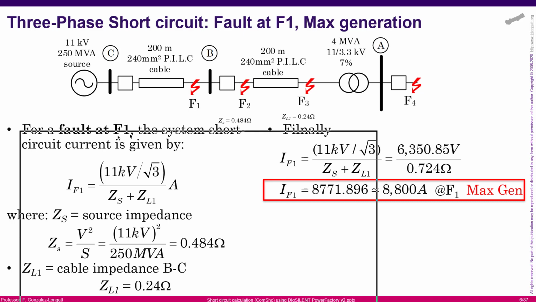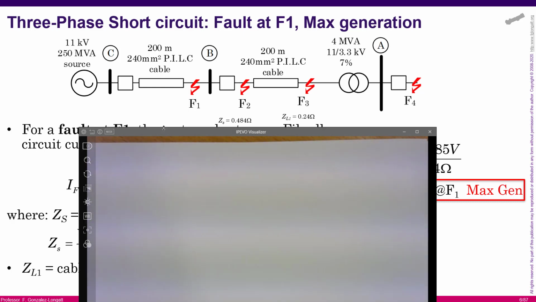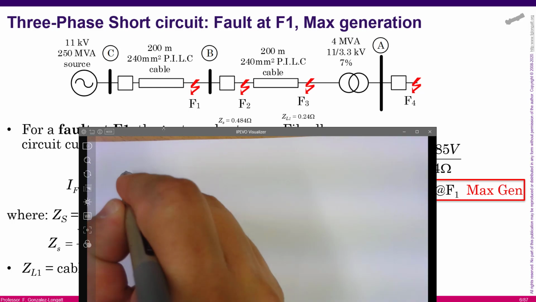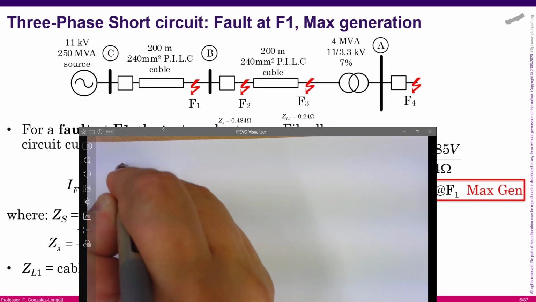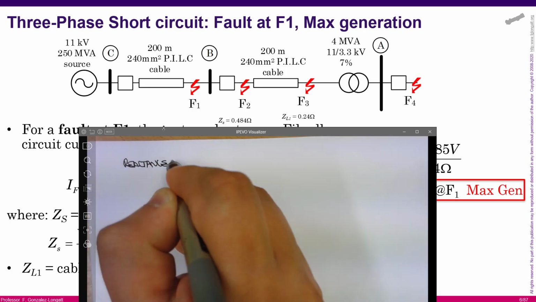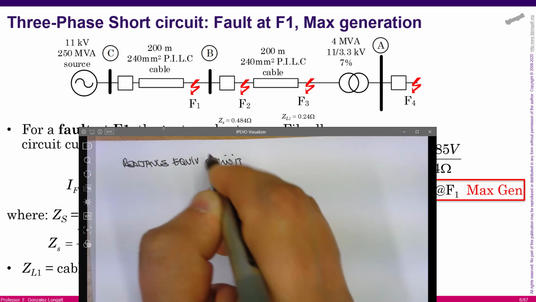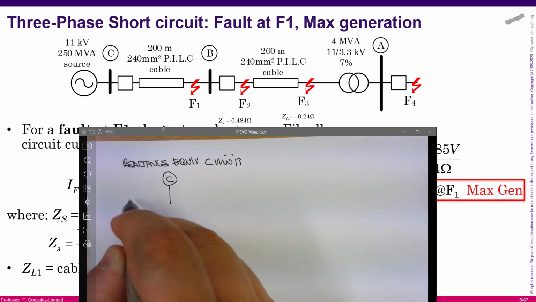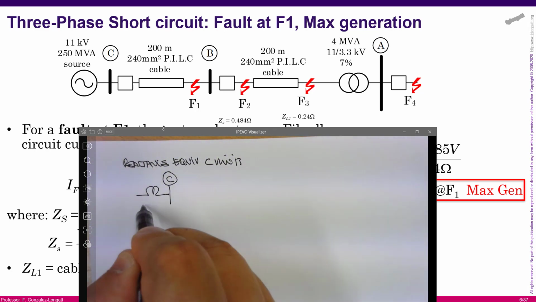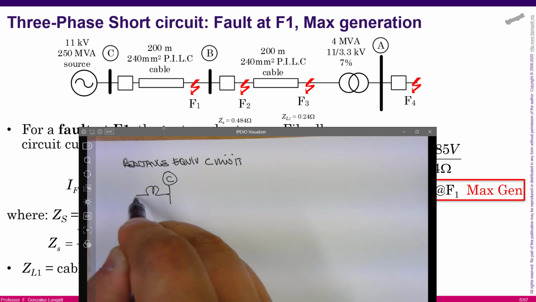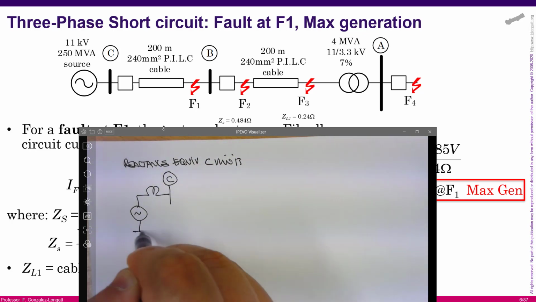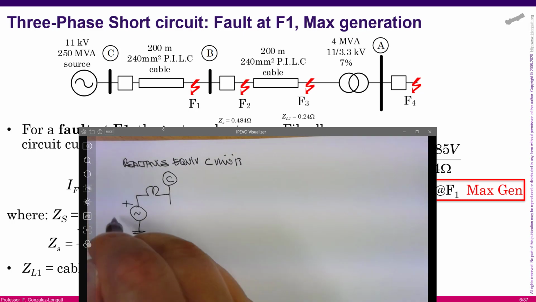If you look over here, you can see that we have on the top the single line diagram. If you are interested in creating the equivalent reactance circuit, you must remember this is the bus bar C, and because you are using here an equivalent source, you can use as a model an ideal voltage source.